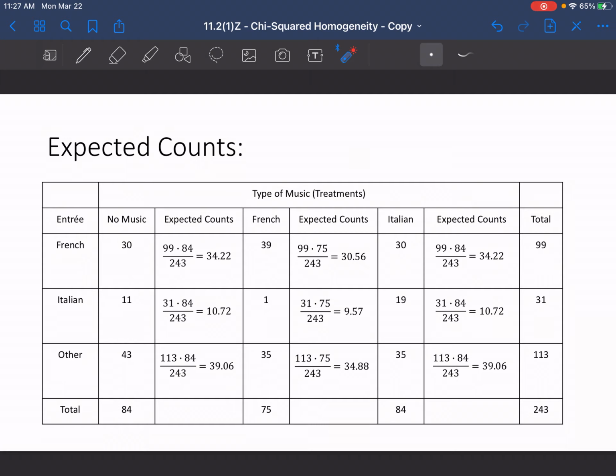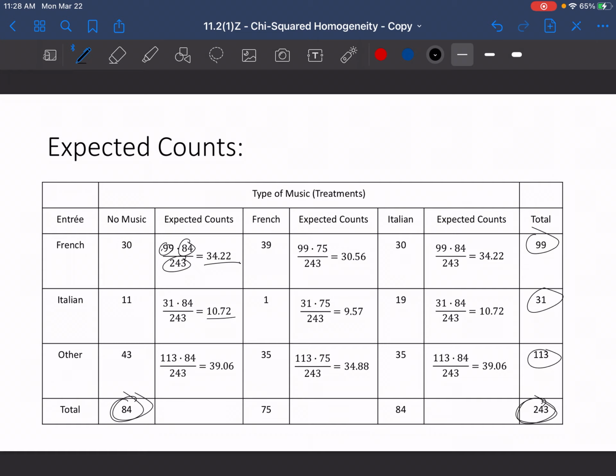So we would need to take our row total times our column total and divide it by our table total. So 99 times 84 divided by 243 is going to give us an expected count of about 34.22. We would do the same thing for Italian: 31 times 84 divided by 243. That's going to give us a value of 10.72.